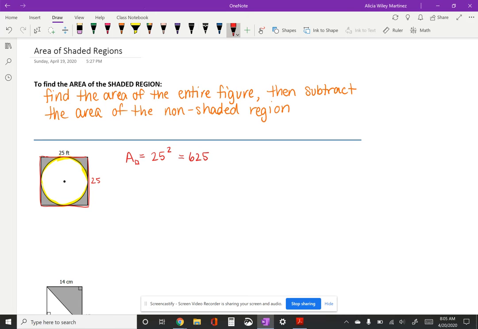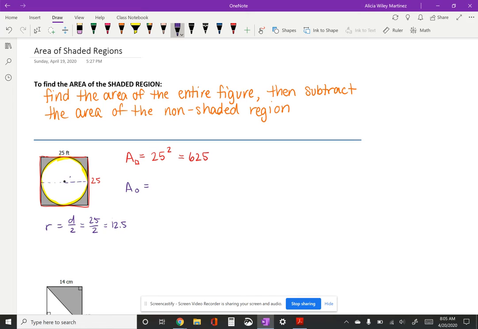Then I'm going to find the area of that circle. To find the area of the circle, you're going to need to know the value of the radius. If they're telling us that this is 25, that means my diameter is also 25, and the radius is always half of the diameter. So half of 25 is 12.5.